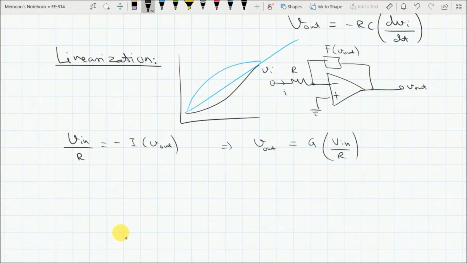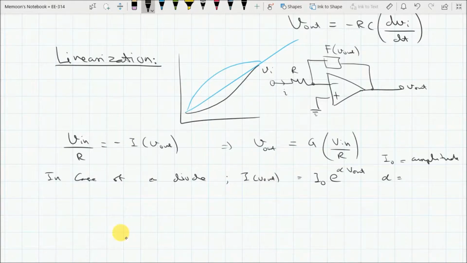In the case of a diode, I of V out is equal to I naught e raised to the power alpha V out, where I naught is the amplitude and alpha is the exponent. This is derived from Shockley's equation, and we know the response of a diode is like this.